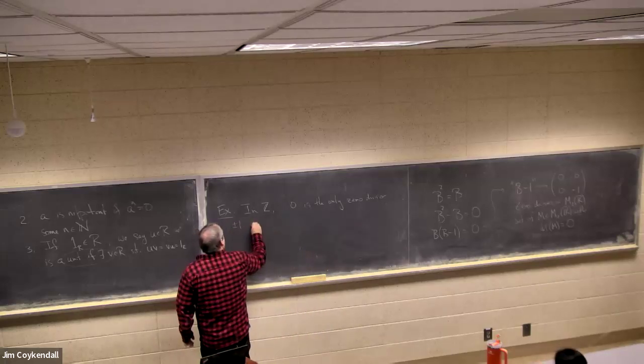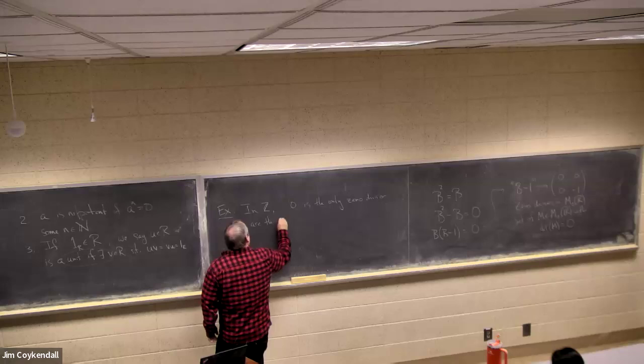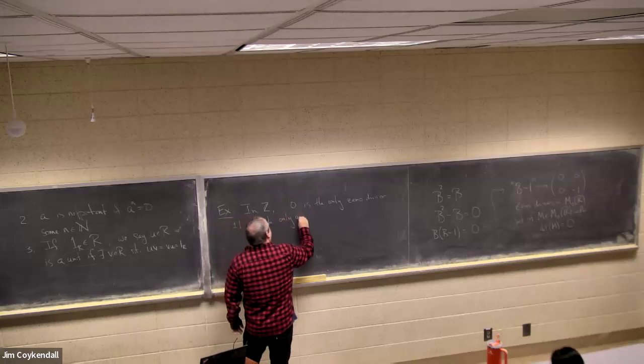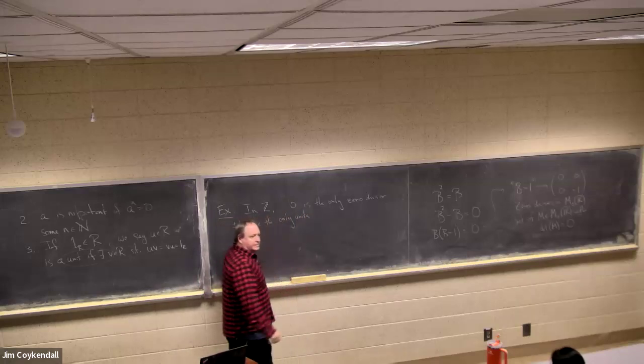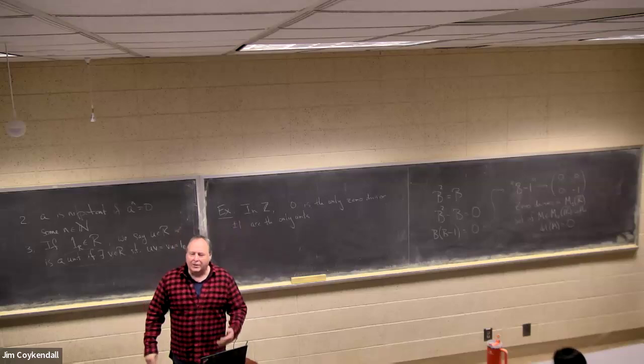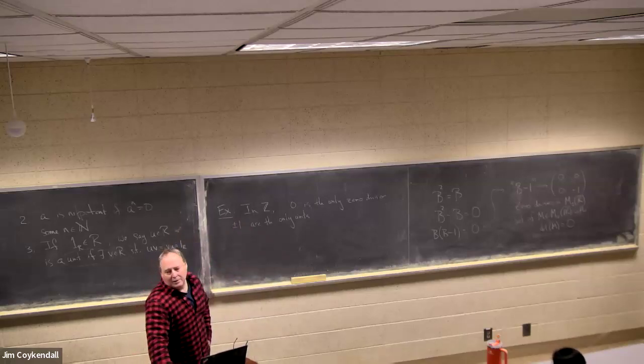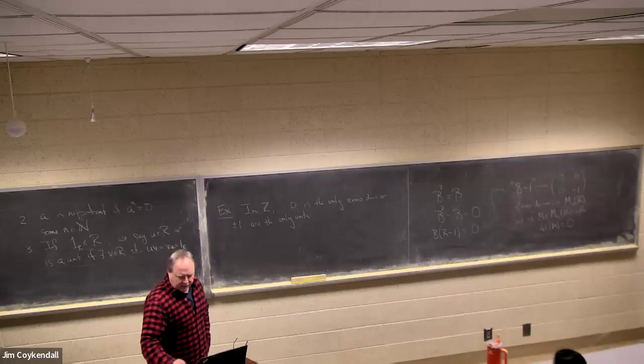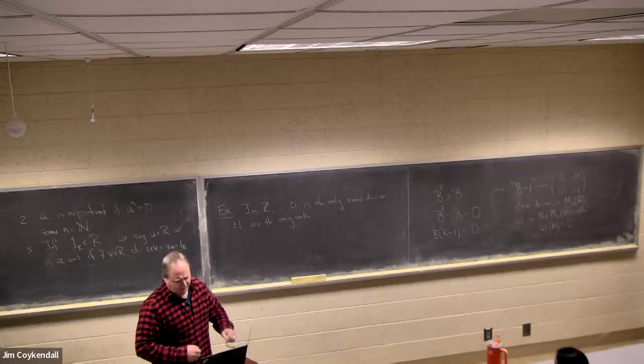Plus and minus 1 are the only units. Everything else is what is often called a regular element, neither a zero divisor nor a unit, right? If you look at 2, it's not invertible, it's not a unit, and it's not a zero divisor. So it doesn't do anything weird, like multiply itself to 0.